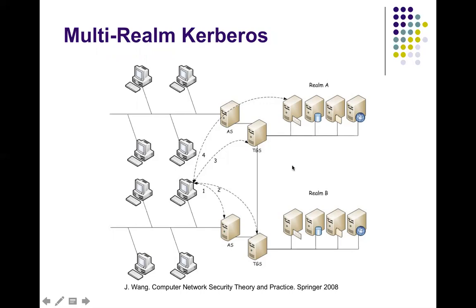You may imagine that, for instance, in a university, the computer science department has its own local area network, and the computer engineering department has its own local area network, and both networks provide different services.